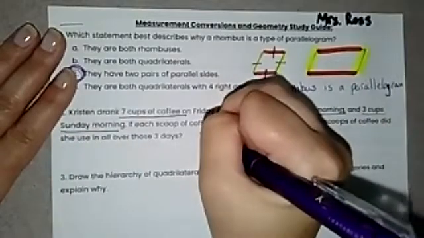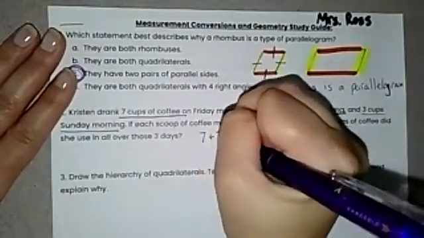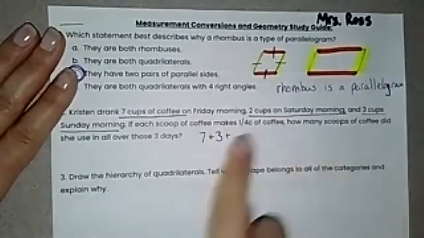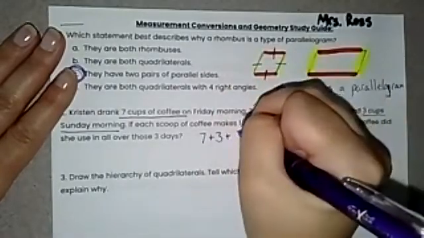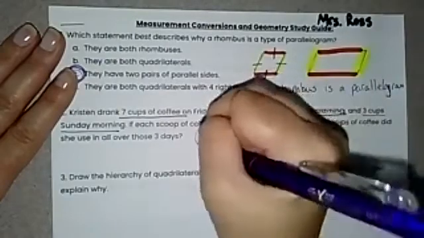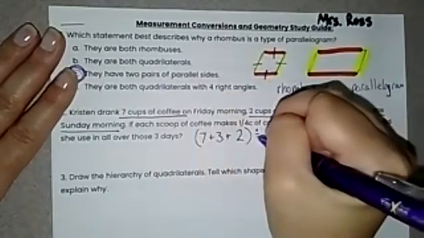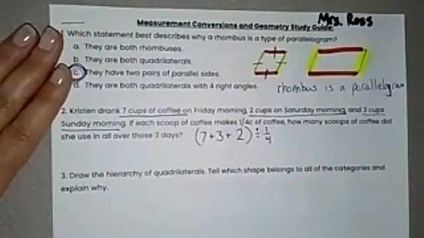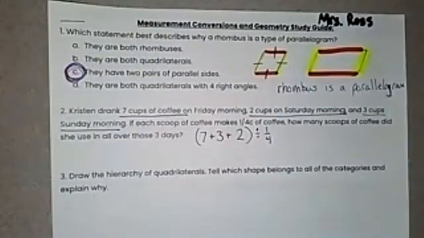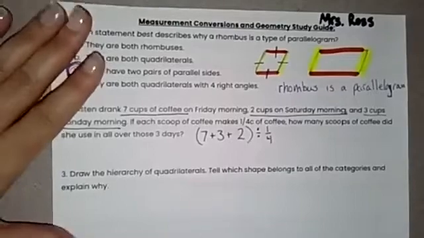So add 7 plus 3 plus 2. Then you have to divide that into fourths to figure out how many scoops of coffee it's going to take over all those days. Get it? All right, so here we go.